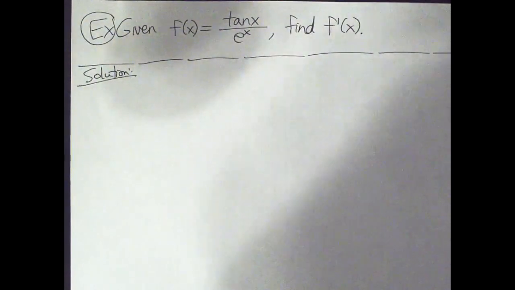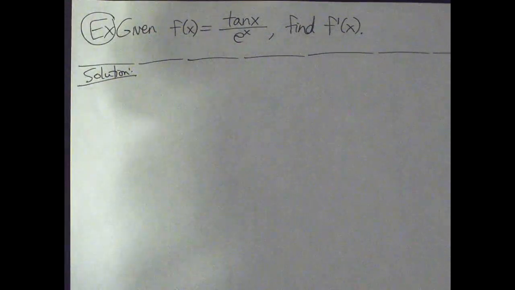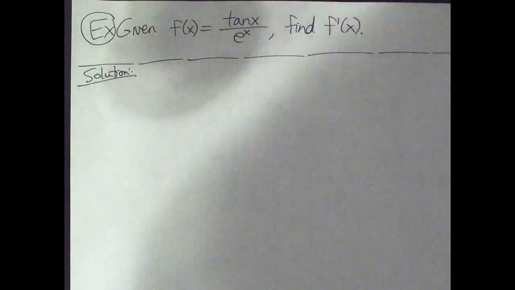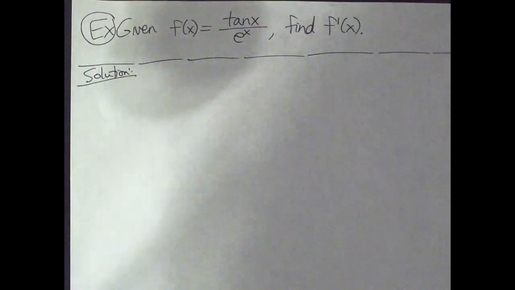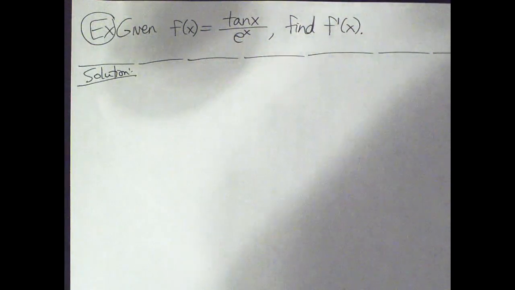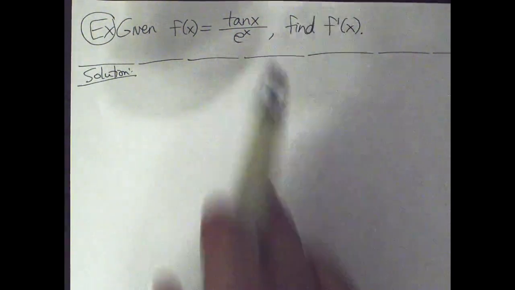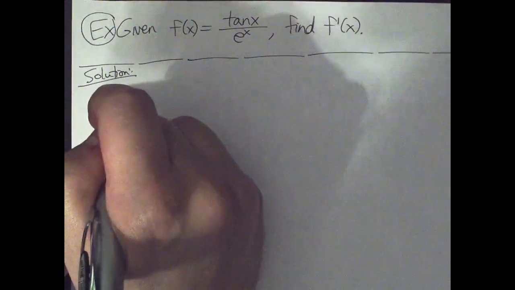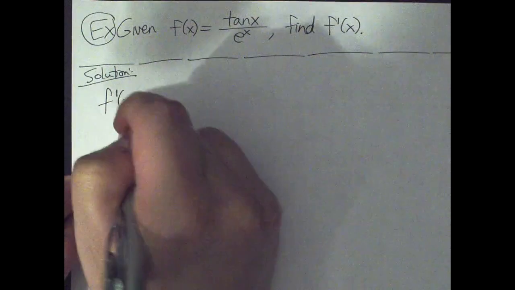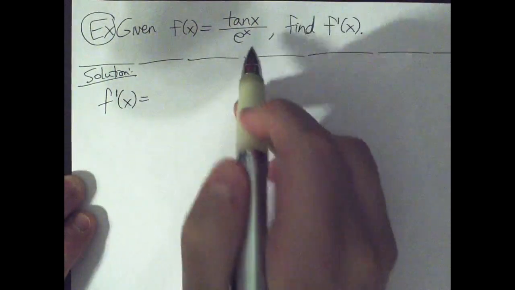Okay, so earlier we did, or I guess I did, a couple of problems that used a combination of the product rule and the new rules that we've said today for derivatives of trig functions. This one's going to use the quotient rule and derivative of a trig function. So let's get started. F prime of x equals, it's a quotient.